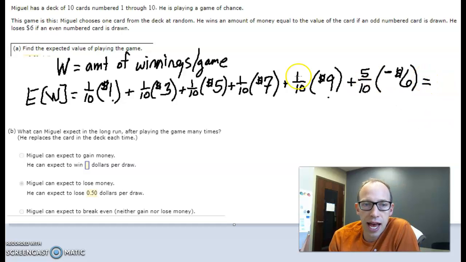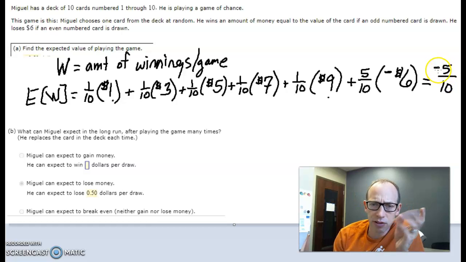So if we add all these values here, I'm going to just add the numerators since we have a common denominator on each one. So 1 plus 9 is 10, 3 plus 7 is 10, and 5, 25 there across the top, minus 30 would give me -5 over 10.